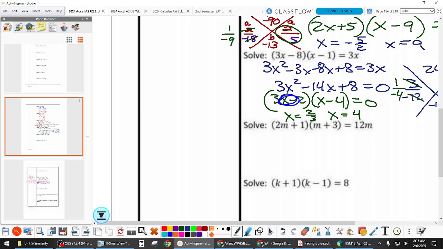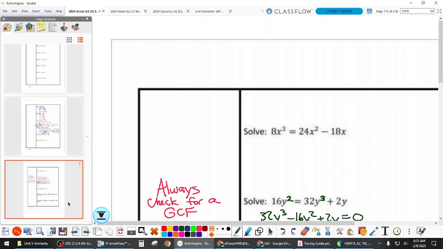That makes this 0. 0 times whatever that is still 0, right? And then on the other side, if I plug 4 in here, 4 minus 4 is 0. 0 times whatever this is is 0. So we're finding the two numbers that make these two factors 0. That's called the zero product property.